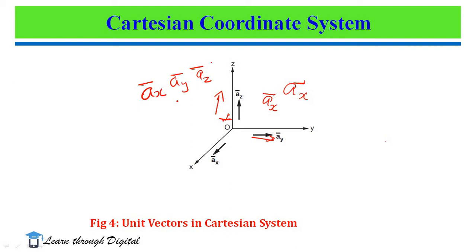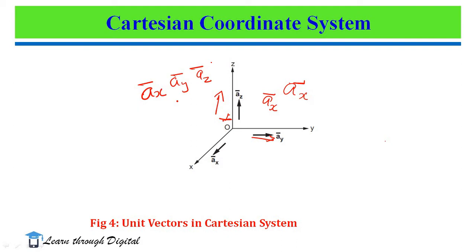In the previous video we discussed unit vectors. A unit vector is a vector whose magnitude is always unity, and it indicates the direction of the vector under the consideration of the coordinate system. Here we consider the coordinate system as the rectangular coordinate system.